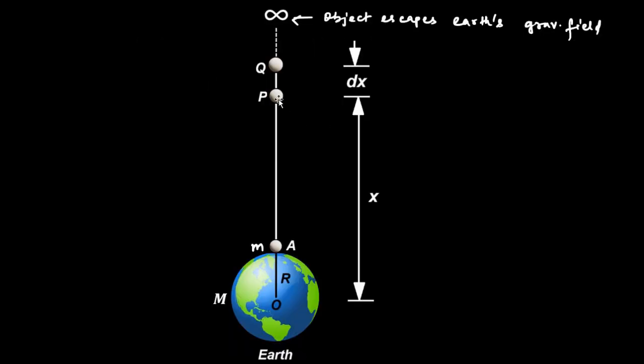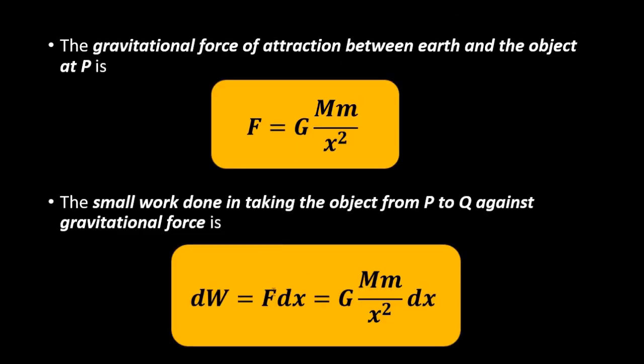Now this object is moved by a very small distance, let's say dx, upwards from P to Q. So the work done against the gravitational force, that will be an equal force opposing the gravitational force in the opposite direction.